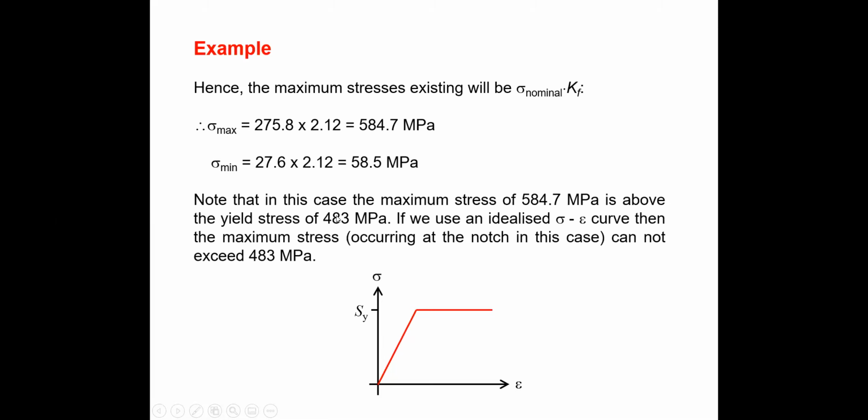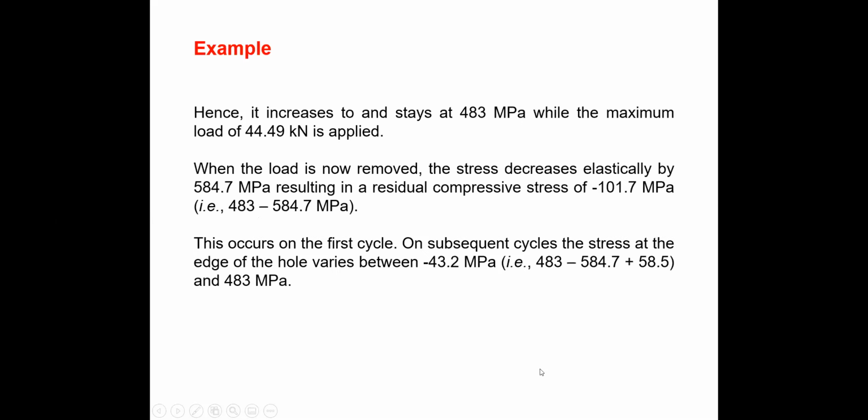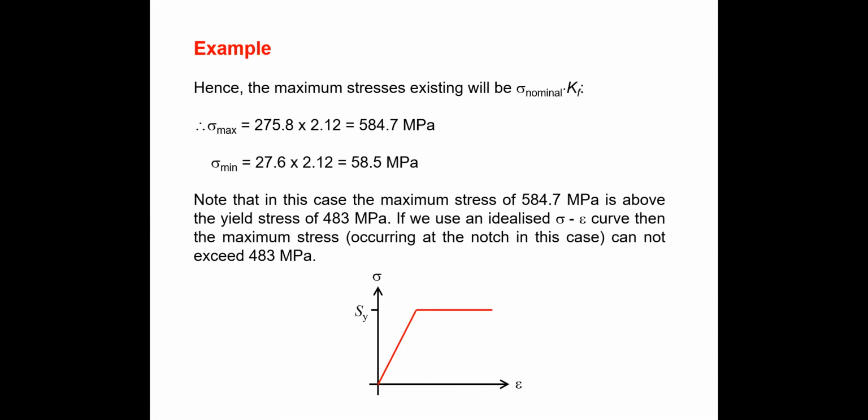If we explain with the stress-strain curve, the yield stress is 483. So we can't go beyond 483, because even though it's 584, it tries to yield, but in this particular element it can't. Okay, I will draw here.